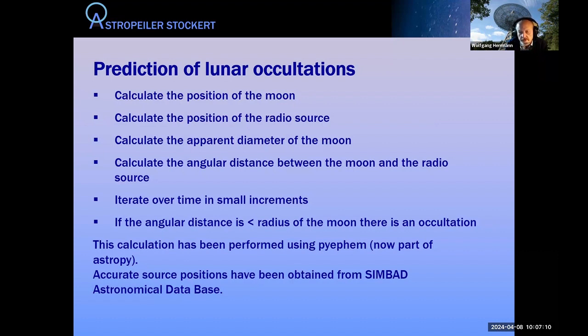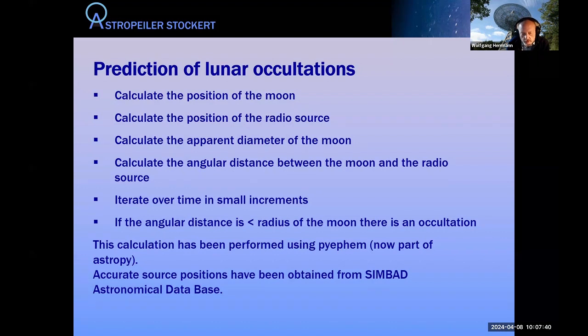First point is, of course, you need to calculate the position of the moon. You calculate the position of the radio source. And then you also need to take into account that the apparent diameter of the moon is dependent on the moon's distance, so it changes. And what you then do is you calculate the angular distance between the moon and the radio source.